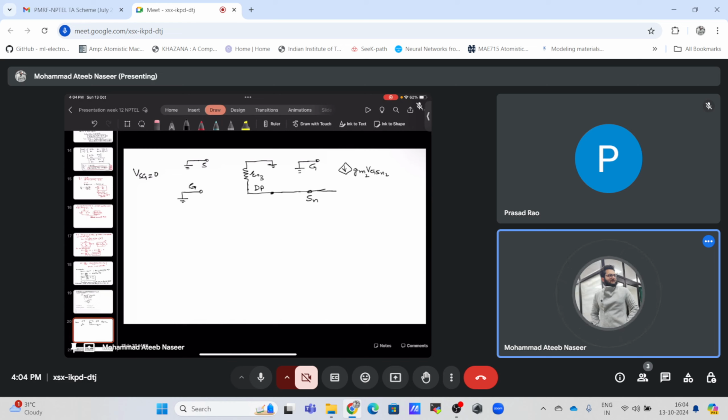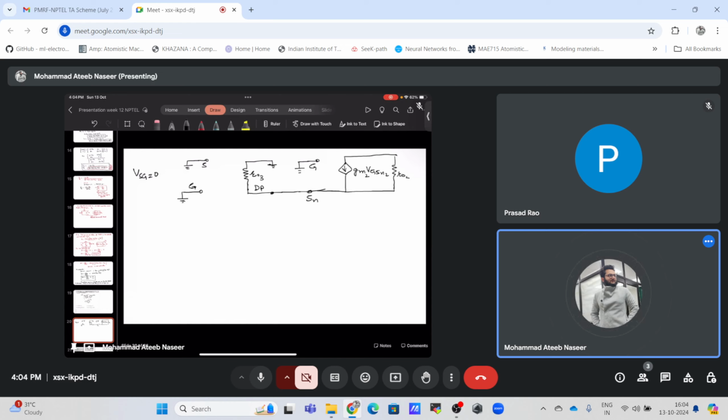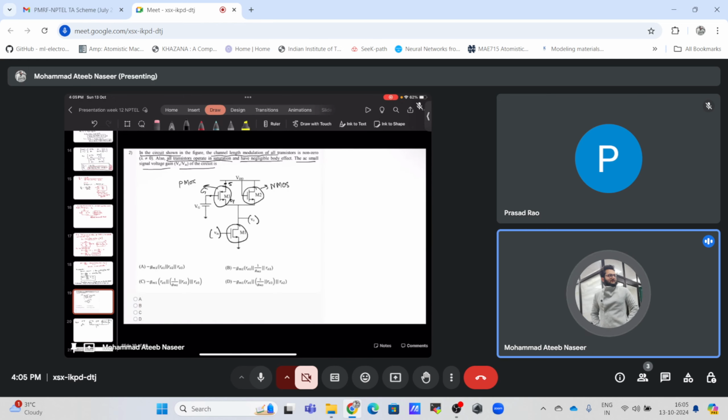This is GM2, I guess, the second transistor, and it also has a resistance associated with it due to channel length modulation, R02, and its drain is also connected to the ground. So this is the small signal equivalent for NMOS2. Now the source of this MOSFET is connected with the drain of M1. This is our M1 MOSFET.